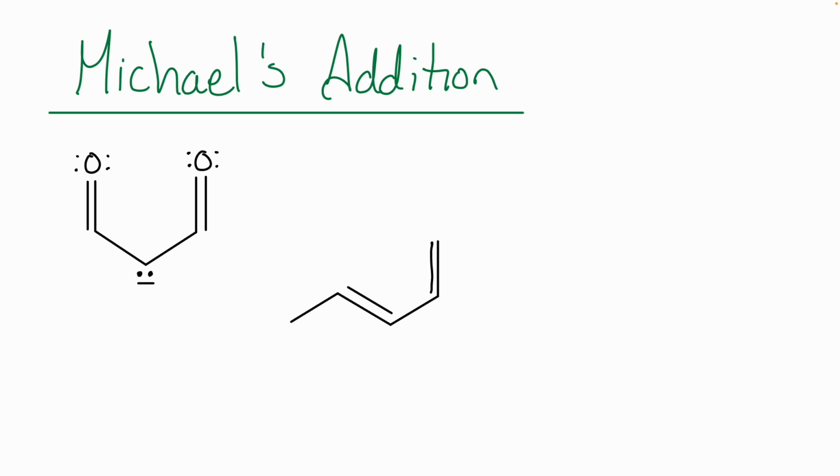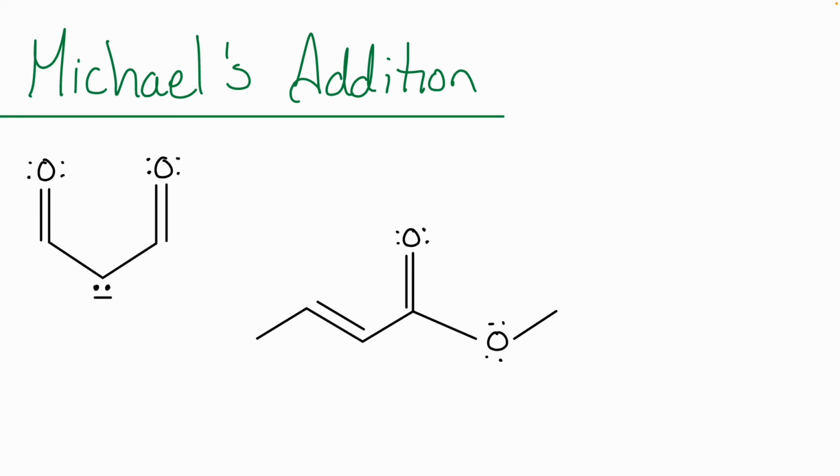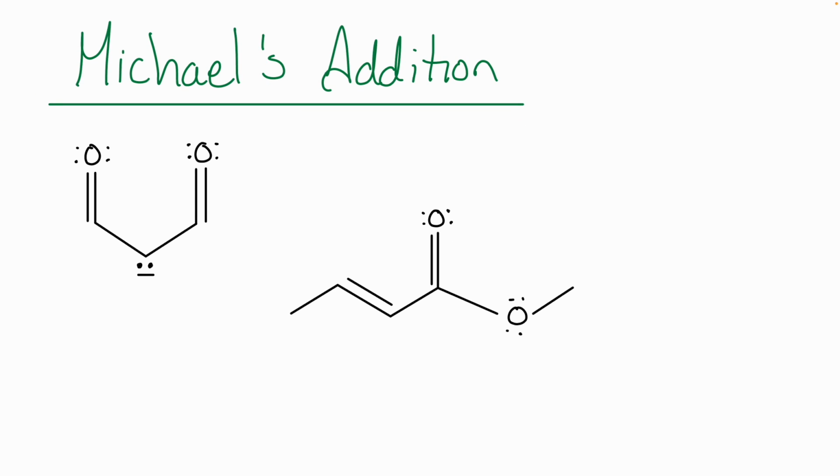Here's my Michael's acceptor. I'll put another group on there. Let's make it an ester. All right, and everybody give me the product of our Michael's addition reaction.